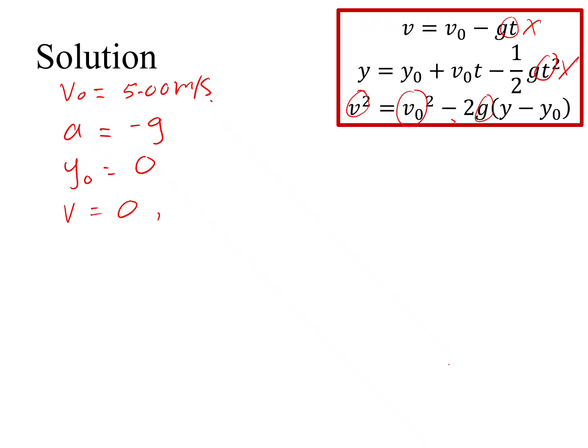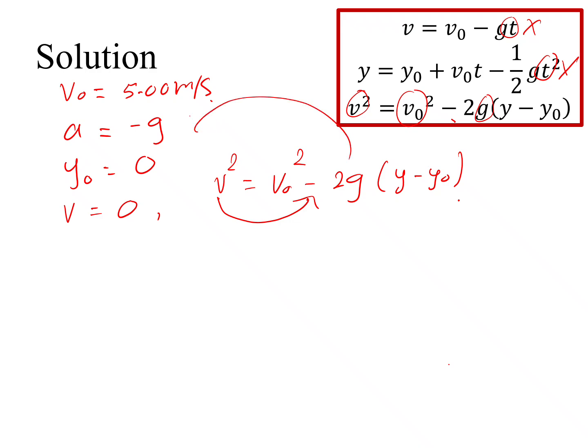So let's use it. v squared equals v naught squared minus 2g times (y minus y naught). And let's rearrange this. Let's bring this v to this side and bring this to this side.